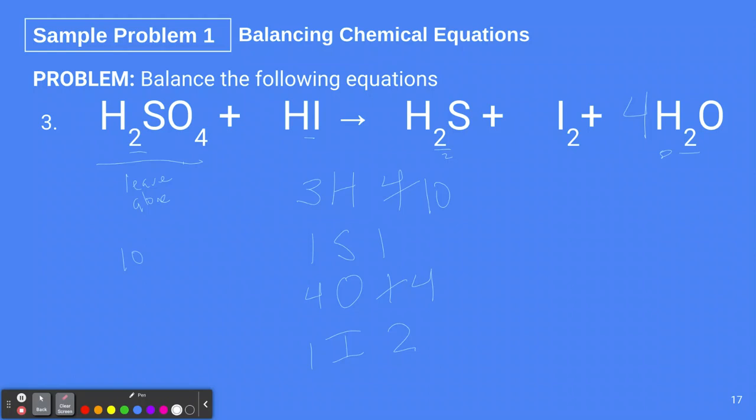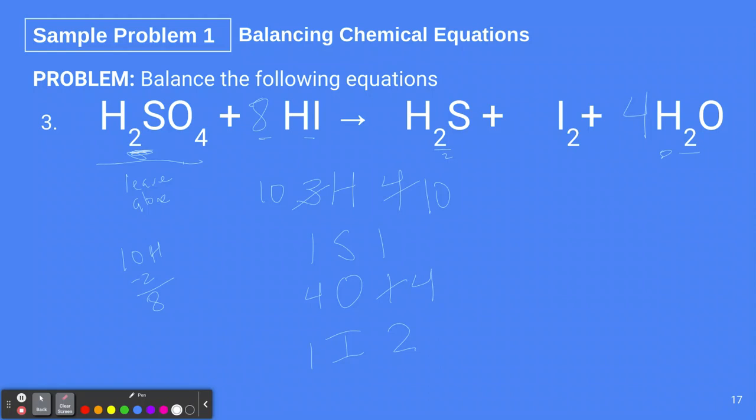So I'm trying to get to 10 hydrogens. I have 2 here. So I take 10 minus 2 gives me 8. I need 8 more hydrogens. So by putting an 8 here, that is now going to change my hydrogen total up to 10. Again, that 10 comes from 8 here, and then 2 from my hydrogen sulfate.